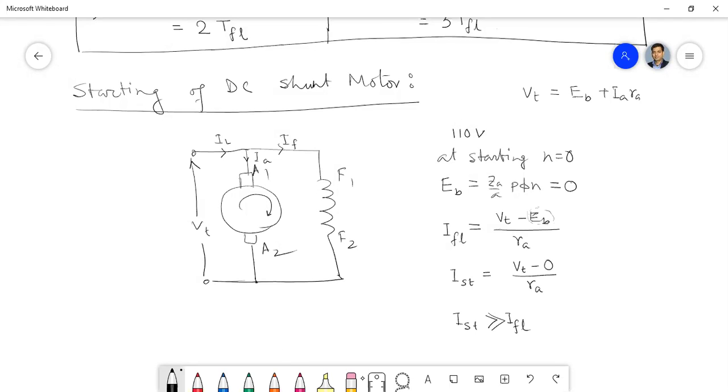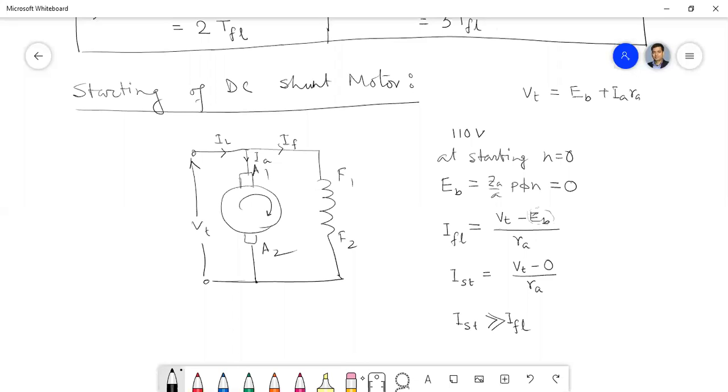Now one thing you can say is that if the current is very high, then the armature circuit will burn out. Okay, so there is a possibility of that, but that current which will flow through the machine will be for a very small time. For a very small time, if the current flows through the armature's coil, it may not burn out.